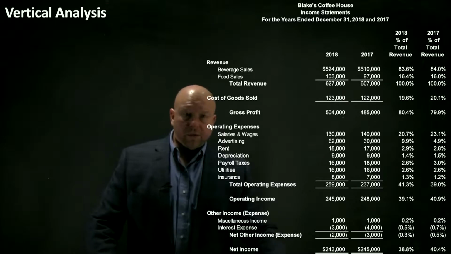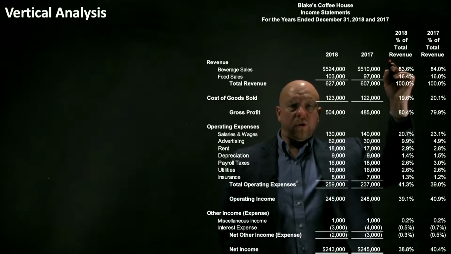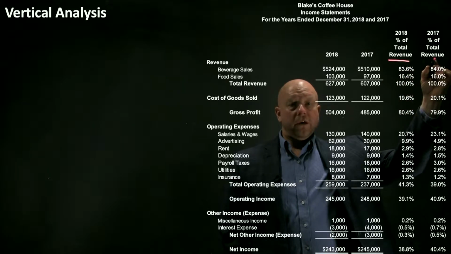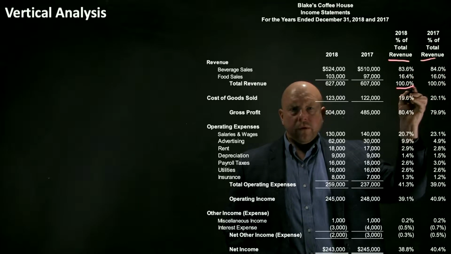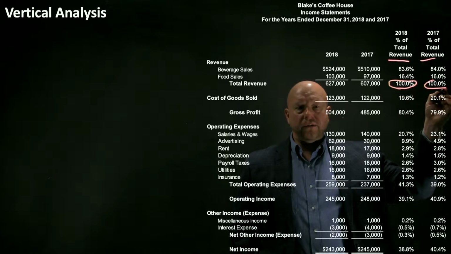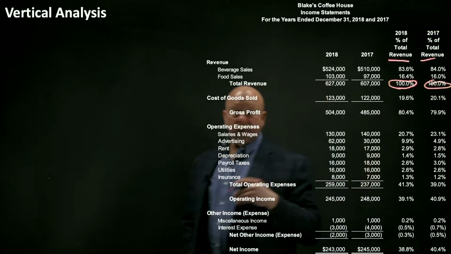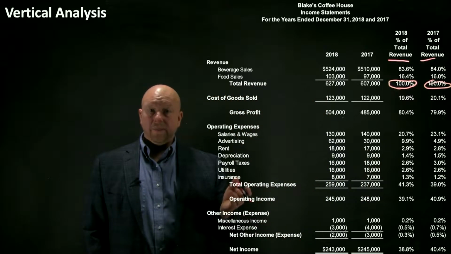For the income statement, what we typically do is we express things as a percentage of total revenue. So what you would expect here is that for 2018, well, revenue is 100% of itself. Same is true for 2017, because pretty much everything in this income statement is divided by revenue.